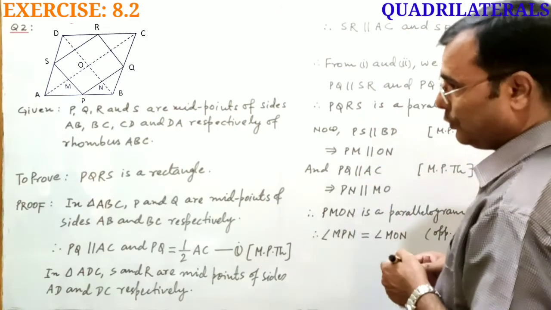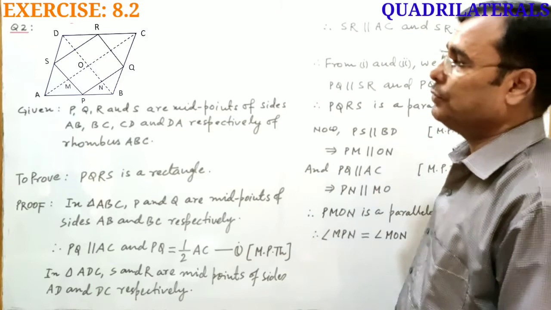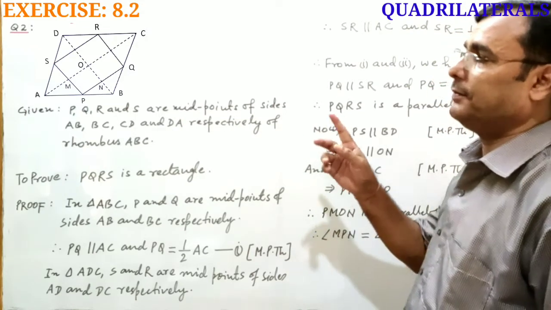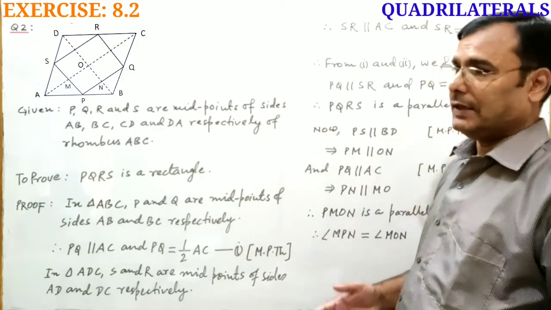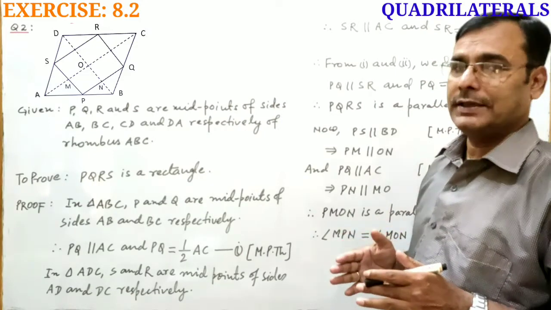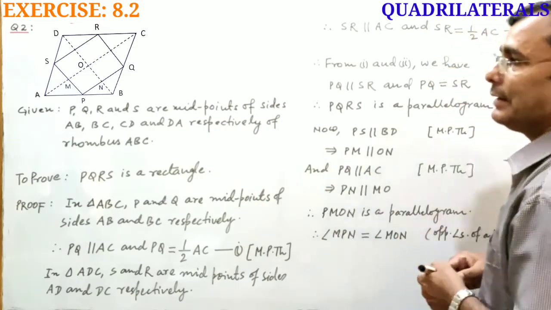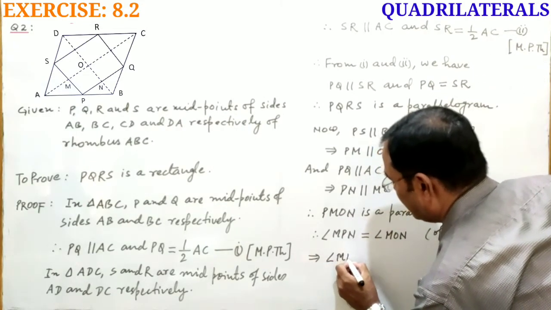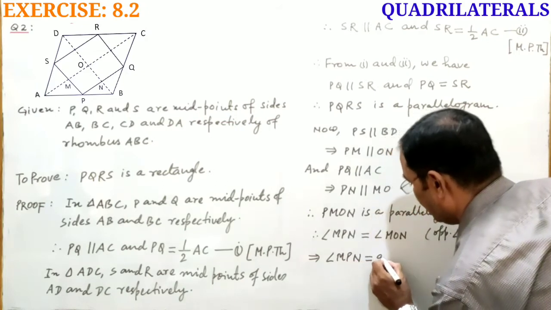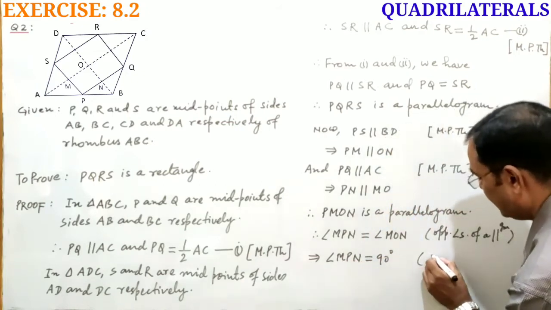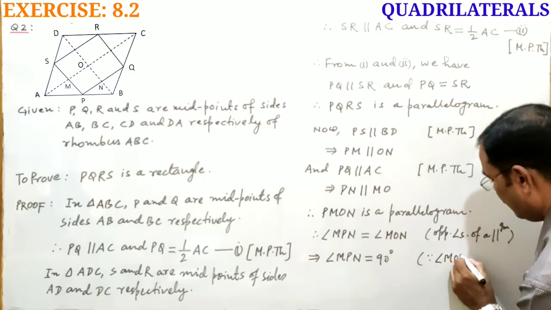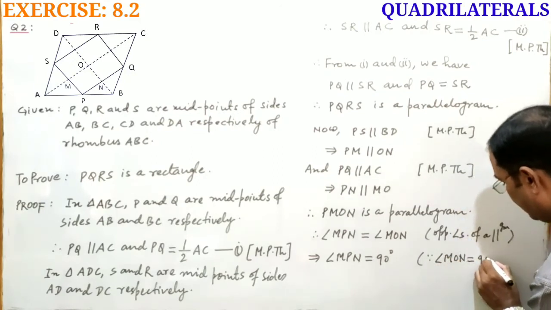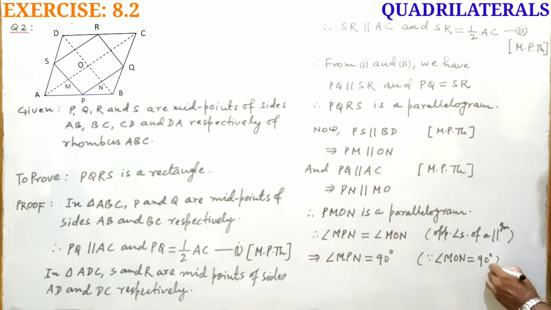But angle MON is the angle between the two diagonals AC and BD of rhombus ABCD. And we know that diagonals of a rhombus bisect each other at right angle. So this implies that angle MPN equal to 90 degrees, because angle MON is equal to 90 degree, as diagonals of rhombus ABCD bisect each other at right angles.